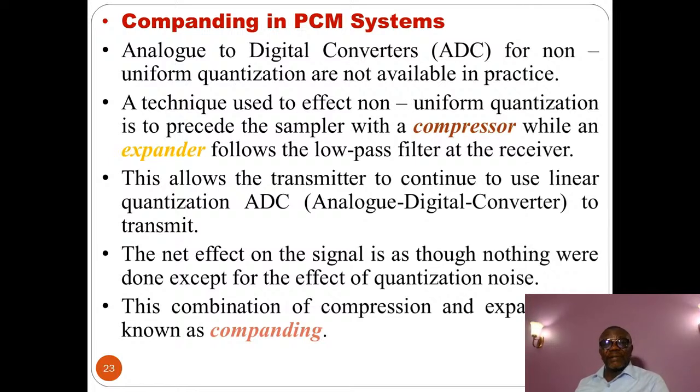So, this allows the transmitter to continue to use linear quantization ADC to transmit. The net effect on the signal is as though nothing were done except for the effect of quantization noise. This combination of compression and expansion is known as compounding.